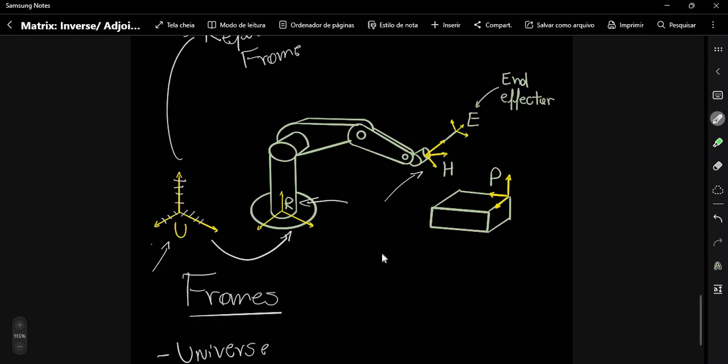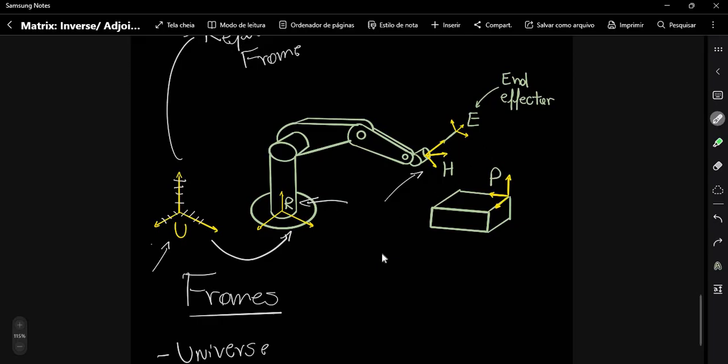Another thing that we have to pay attention to is that we have two bodies right here. We have the robot body, and we have this workpiece, and they are separated.